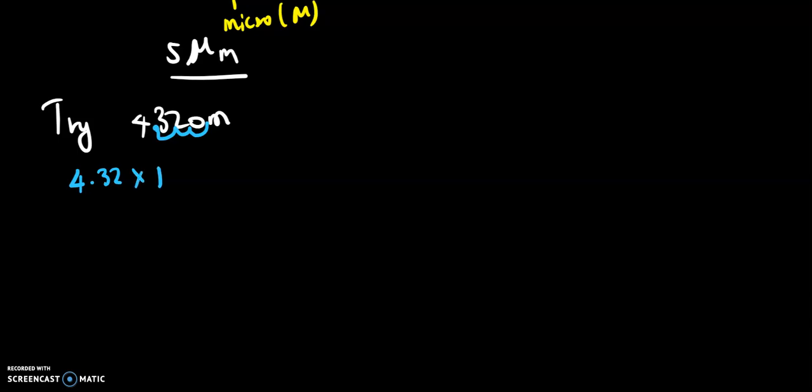Now this number is greater than 1, so that's 10 to the 3. It's a multiple. So 4.32 times 10 to the power of 3 meters. And this is what we call kilo. So that's 4.32 kilometers.